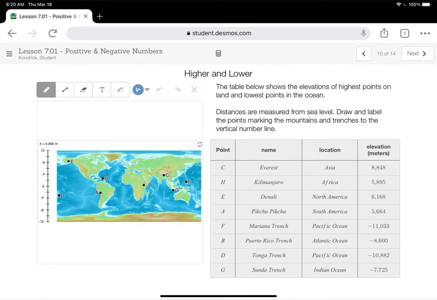All right, so this one's going to take a little bit of time, but I want you to really take your time to see if you can map out these different elevations. So we happen to have here 1, 2, 3, 4, 5, 6, 7, 8 different elevations of different trenches and different mountains.